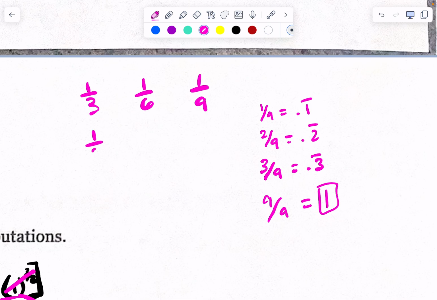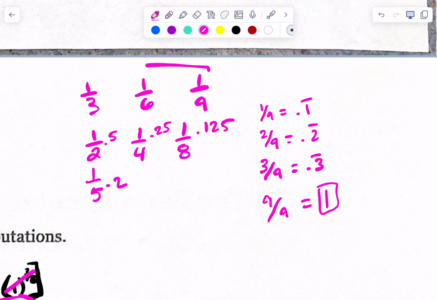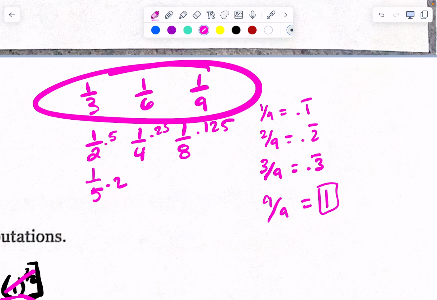Versus if you have halves or fourths or eighths or sixteenths, or even a fifth, those decimals terminate. 1/2 is 0.5, this is 0.25, this is 0.125, this is 0.2. All of those terminate, so you can use the exact decimal. If you type that into your calculator, you will get the exact answer. But if you type this in and convert it to a decimal, you will not get the exact answer, because that fraction actually goes on forever.